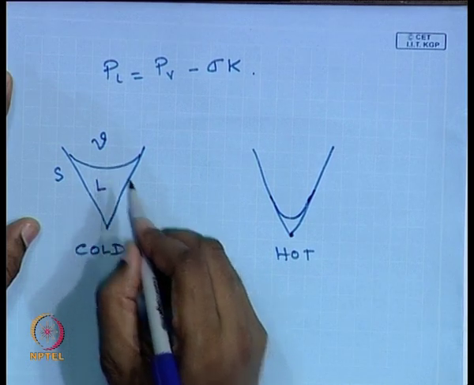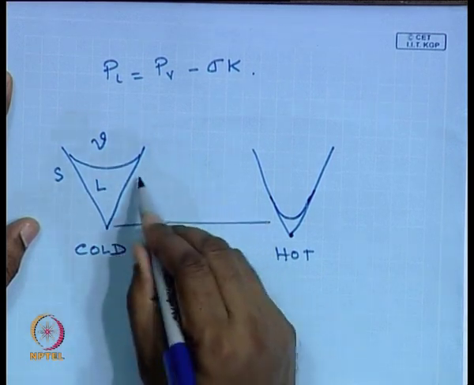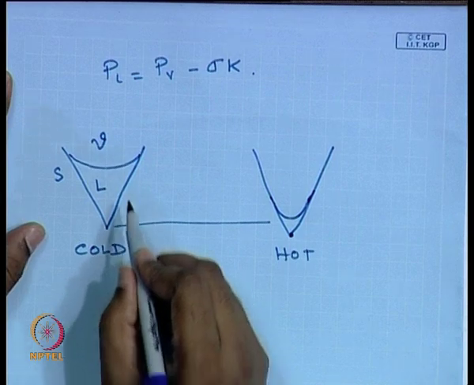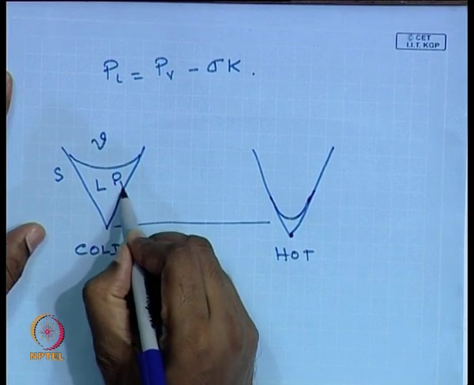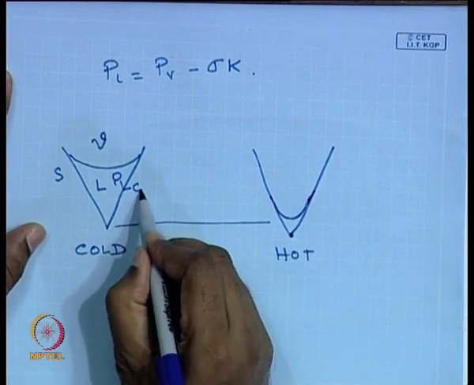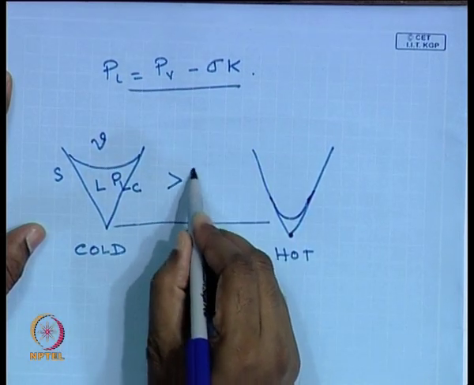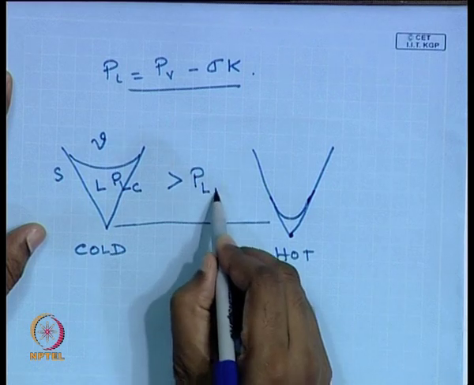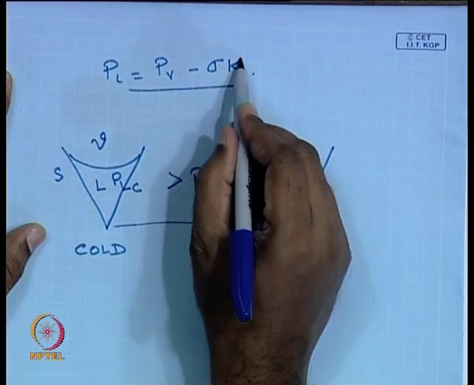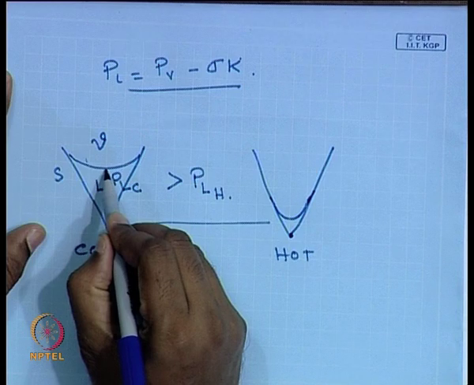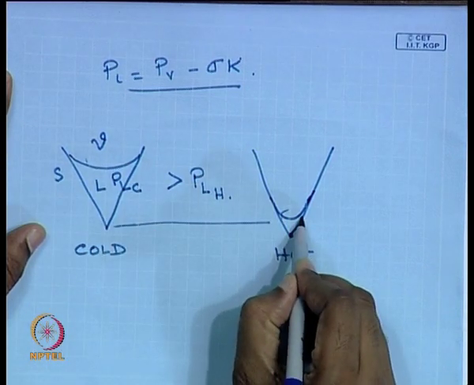And these two are connected. I could not draw it properly, but these two are connected. So, the pressure in the liquid at the cold end, due to this equation, is going to be more than the pressure of the liquid at the hot end, since the curvature at the hot end is going to be much smaller compared to the curvature at the cold end.